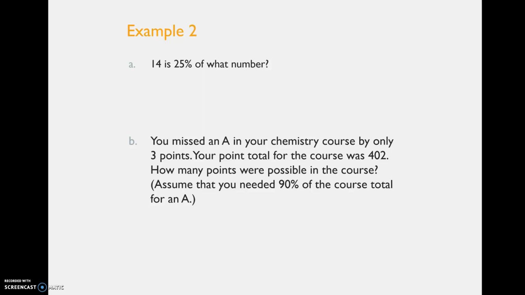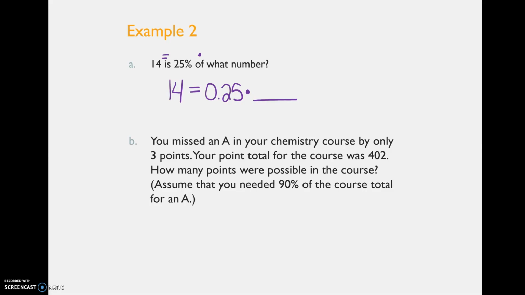14 is 25% of what number? This turns that phrase around a little bit. So 14 means equals. 25% as a decimal is 0.25. Of means multiply. And then we're trying to find that number. So how would we get that blank on a side by itself?